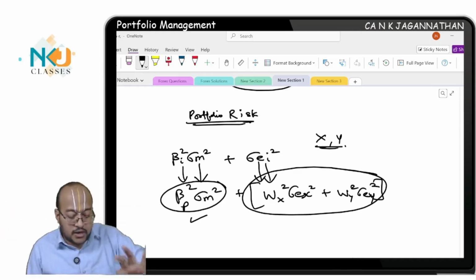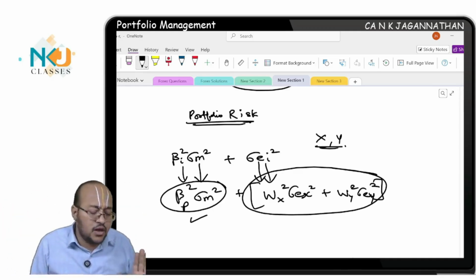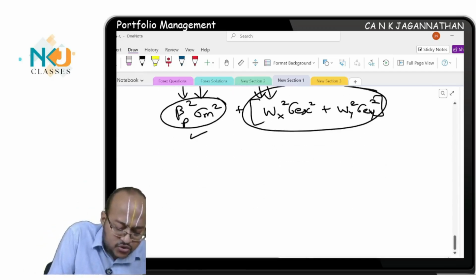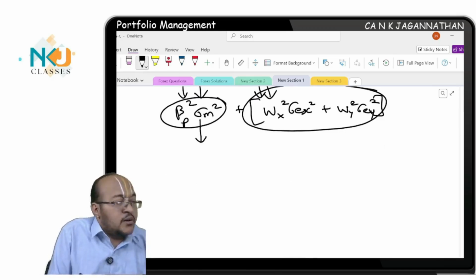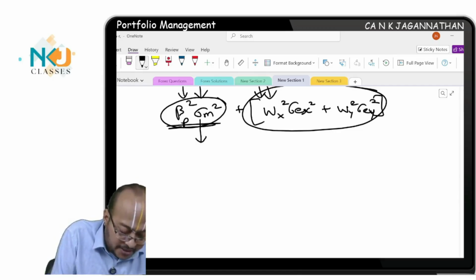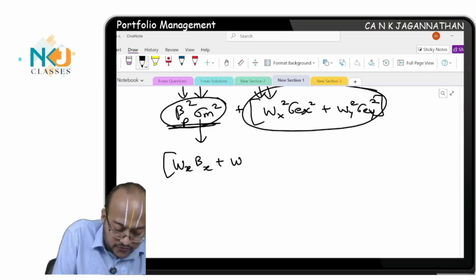That's it. But here also, beta square sigma m square can be elaborated. Same way you need to compute the portfolio beta, correct? Beta of the portfolio is weight of X beta of X plus weight of Y beta of Y, the whole square.